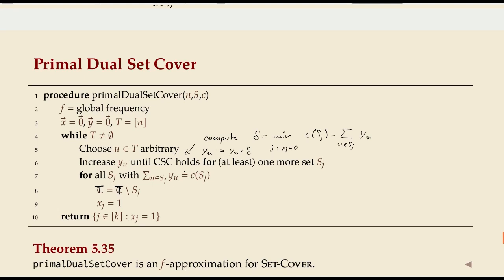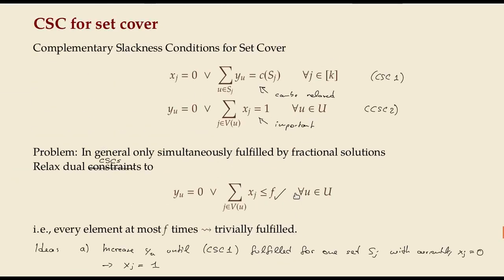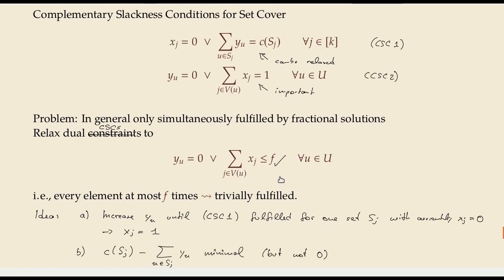So this is a very simple algorithm in terms of running time, because all it has to do is to compute these differences and so on in this minima in a loop, but it doesn't have to solve the LPs, even though it is actually based on constructing solutions for the primal and the dual problem, right? And it stops, as you see, the second half, this one is never really checked because this is a vacuous condition. It's always fulfilled.